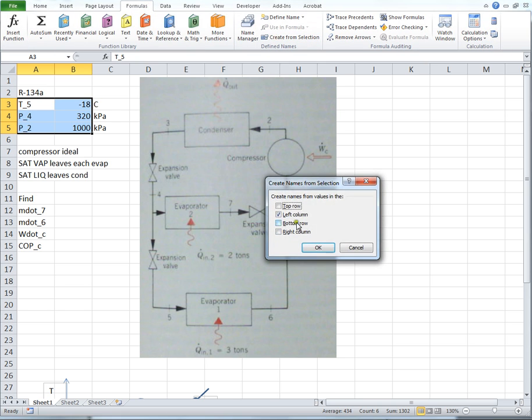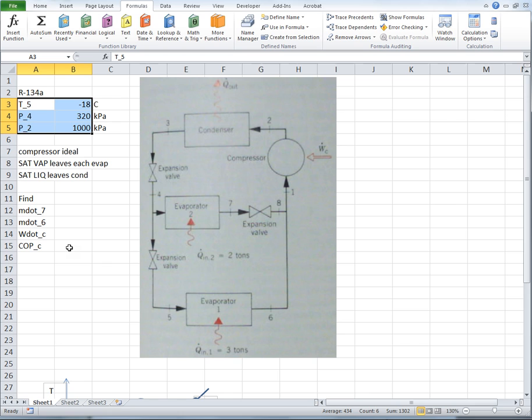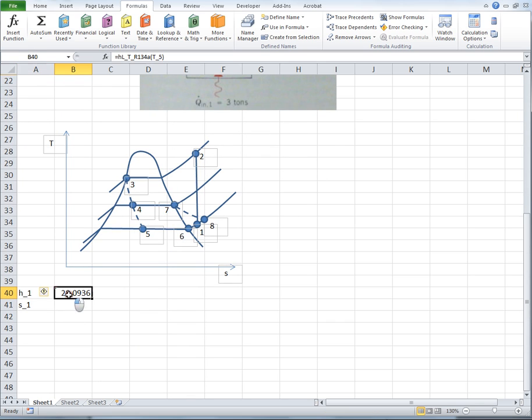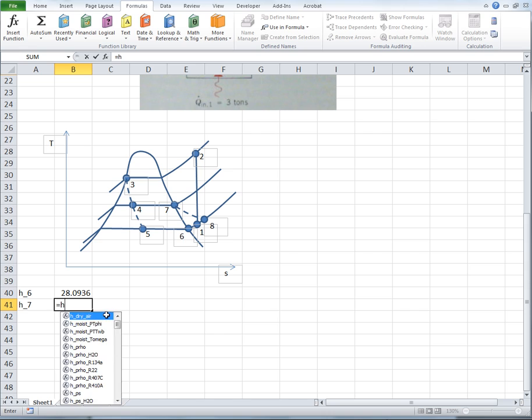Yeah, that's all we've got: 5, 4, and 2. And we know some of this other stuff. So let me figure this out. This is not H1. This is H6. There we go. And let's get H7. How much is that? Well, that's equal to the enthalpy of the saturated vapor.